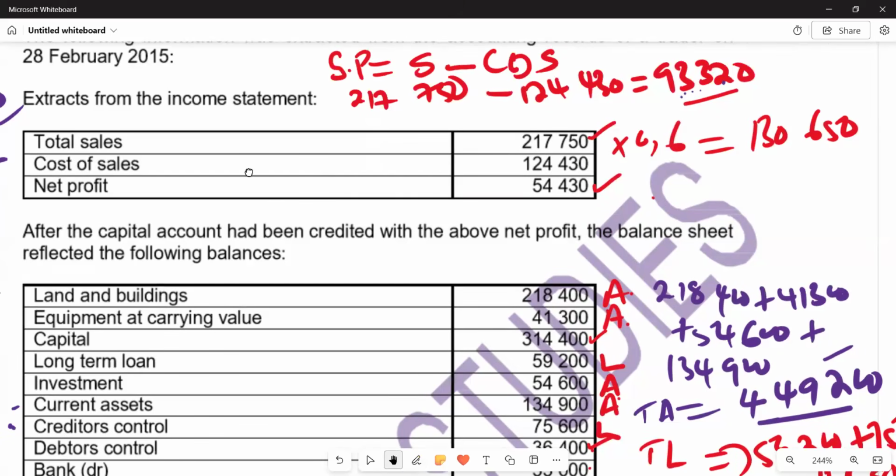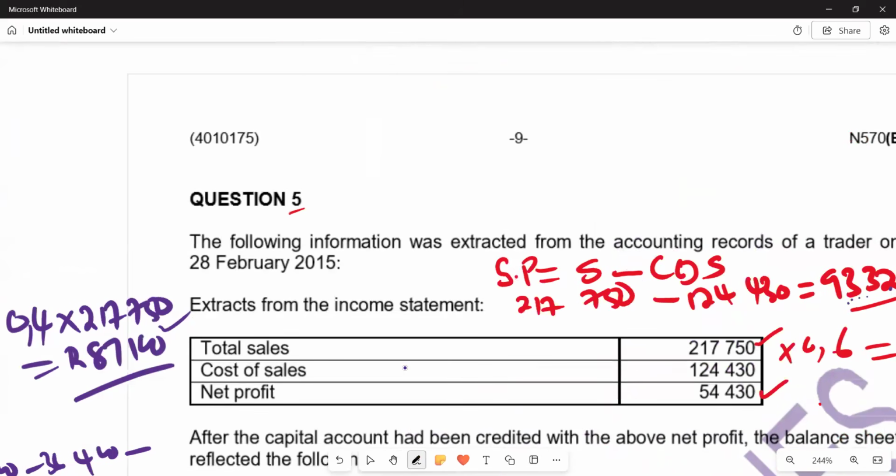So what are we saying? We are saying net profit is equal to our gross profit minus operating expenses.